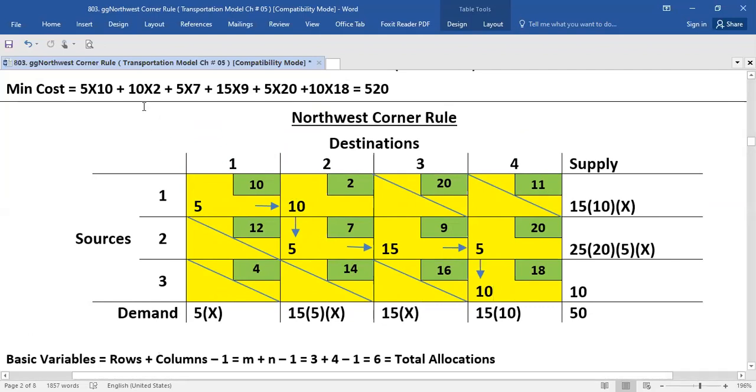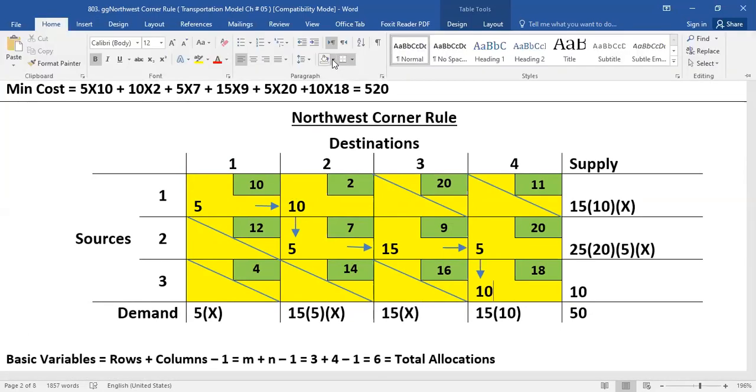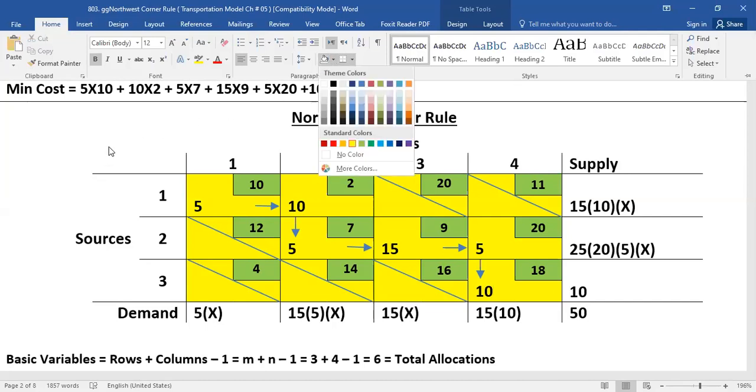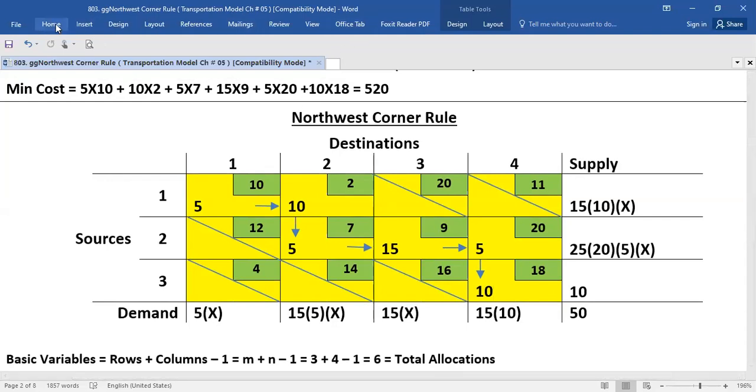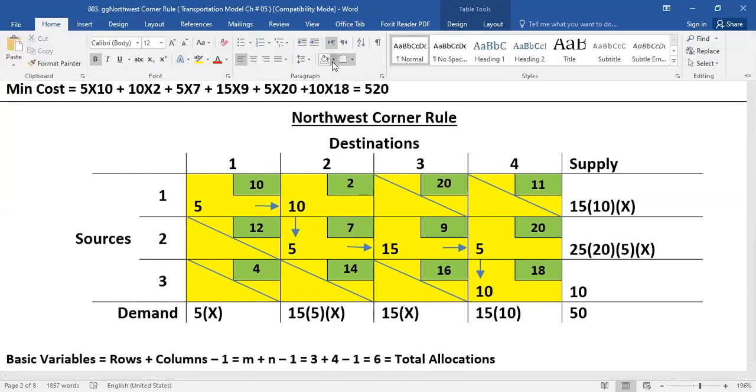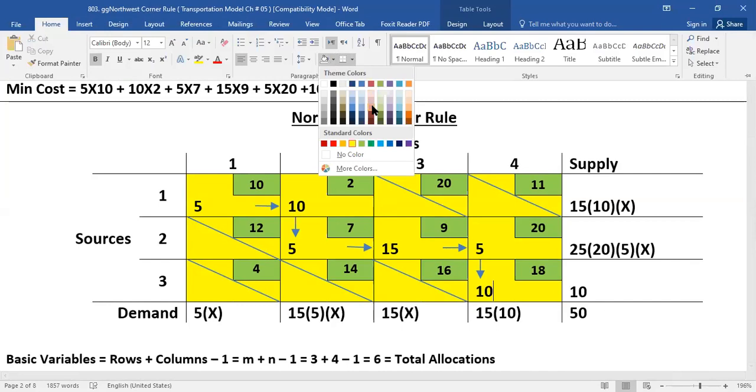For more clearance, here you can draw a line. Here you draw a color. No, no need of this color.